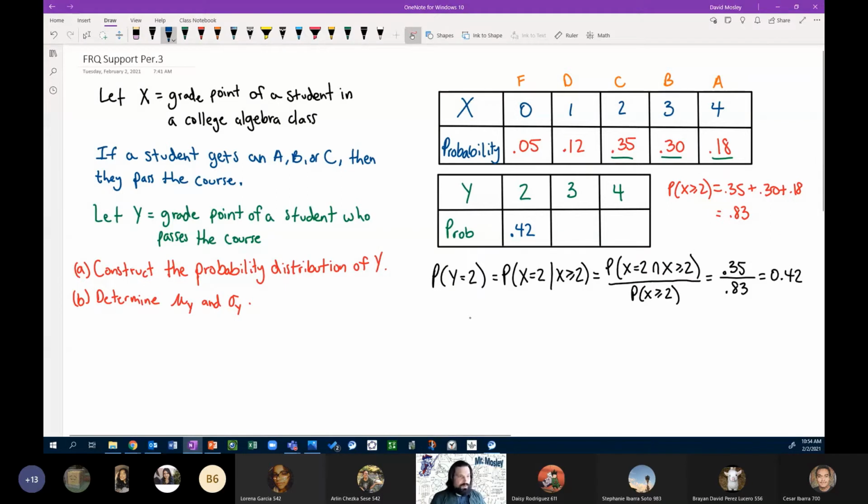So essentially, what we get is the probability of x equaling the value we want divided by the probability of x being greater than or equal to 2, which then we can kind of use to do this a little quicker. So the probability of y equaling 3 is equal to the probability of x equaling 3 given that x is greater than or equal to 2, which will just be 0.3 over 0.83, and that gets us 0.36.